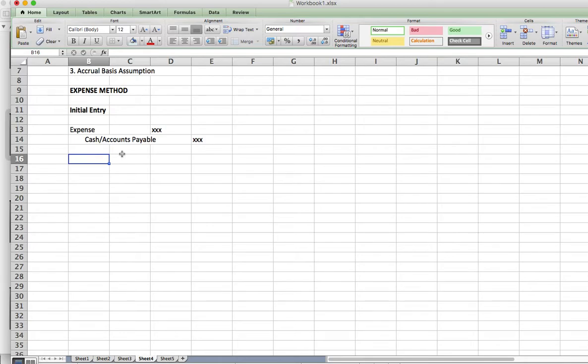But, at the end of the reporting period, may natira na supplies. So, ibig sabihin, hindi lahat ng supplies ay expense. Hindi tama na lahat ay nasa expense. May natira eh. Dapat may asset. Kaya anong dapat adjusting journal entry mo?